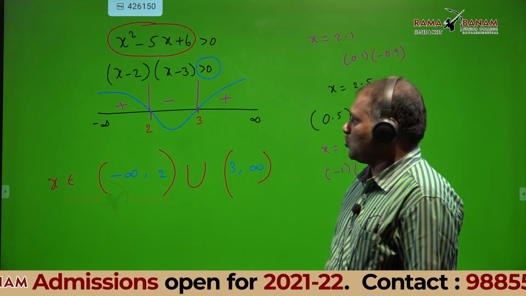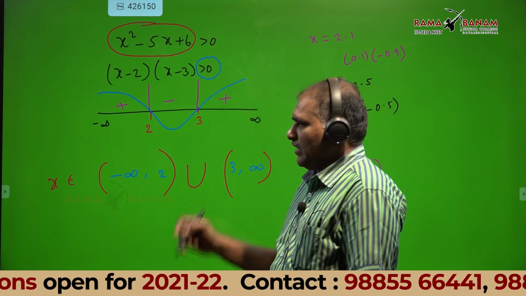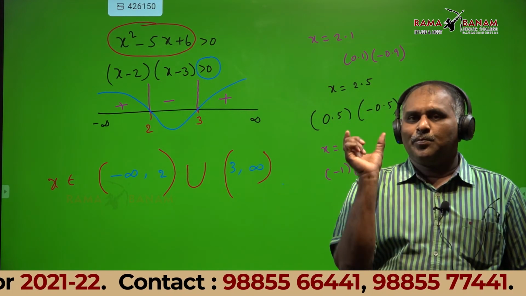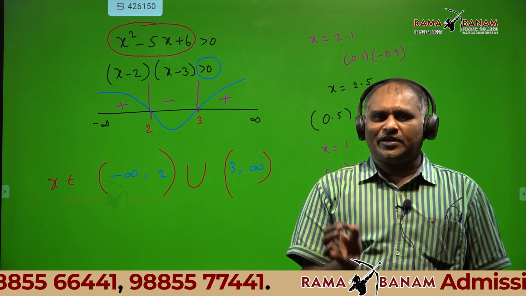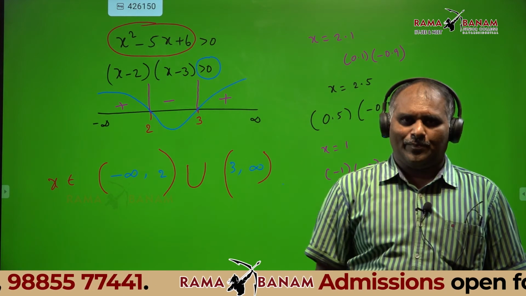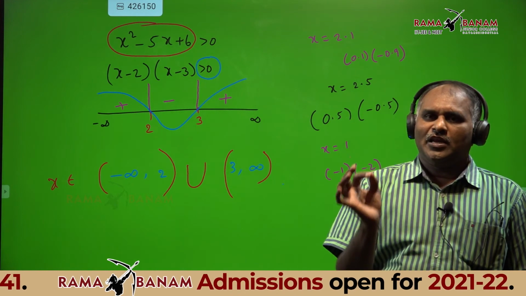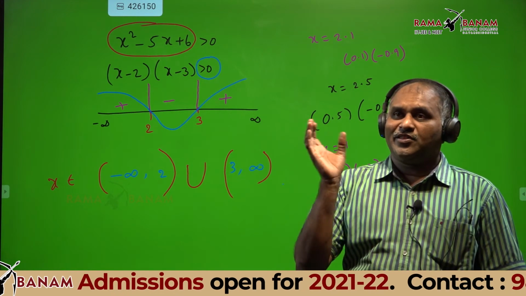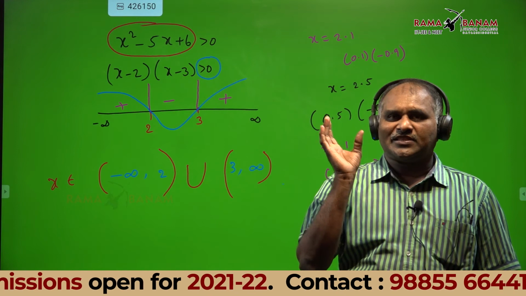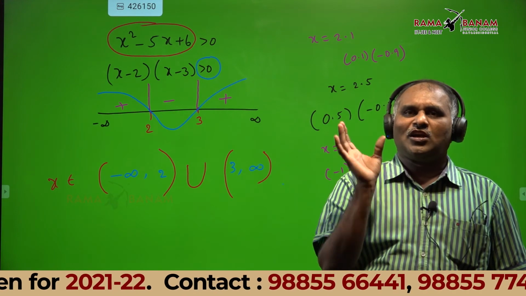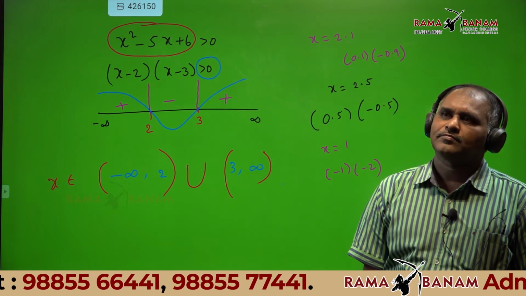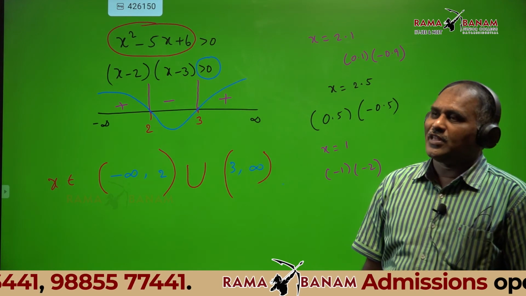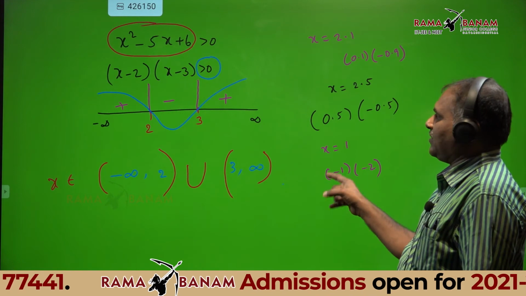In any partition there are many real numbers. You can take any one real number and check the sign at that number. That is the function sign. That's why I substitute like this.